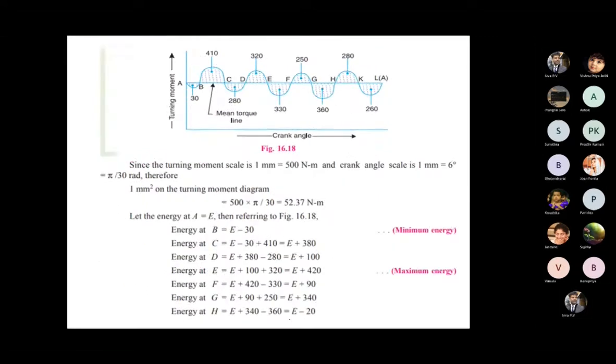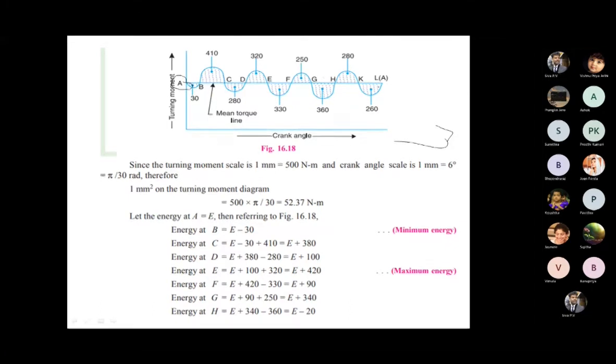So now come to the fluctuation energy. The y-axis is turning moment and the x-axis is crank angle, with values minus 30, plus 400, minus 300. We already discussed this yesterday. At point A some energy E will be there, at the start, the rest position. At the time of our running condition of the flywheel, it will fluctuate about the mean torque.